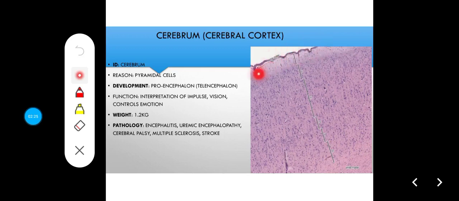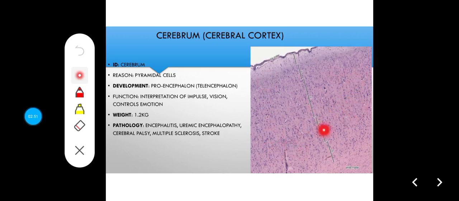Now, in the gray matter, you see the neurons. The gray matter is the part of the cerebral cortex that contains the nerve cells, the cell bodies of the neurons. That's the reason why you see numerous black dots here, which represent the nuclei of the neurons.